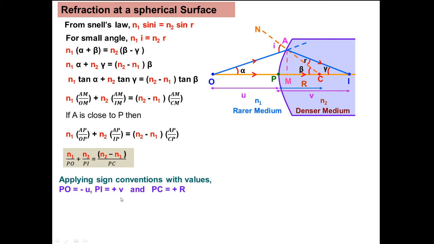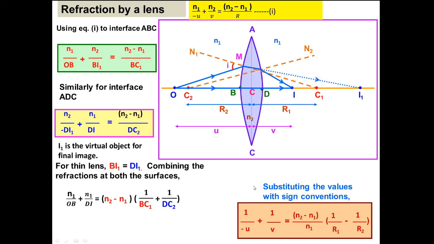PI is positive and PC is positive. So the equation becomes N1 by minus u plus N2 by v equals (N2 minus N1) by R. This equation is true for any kind of surface.